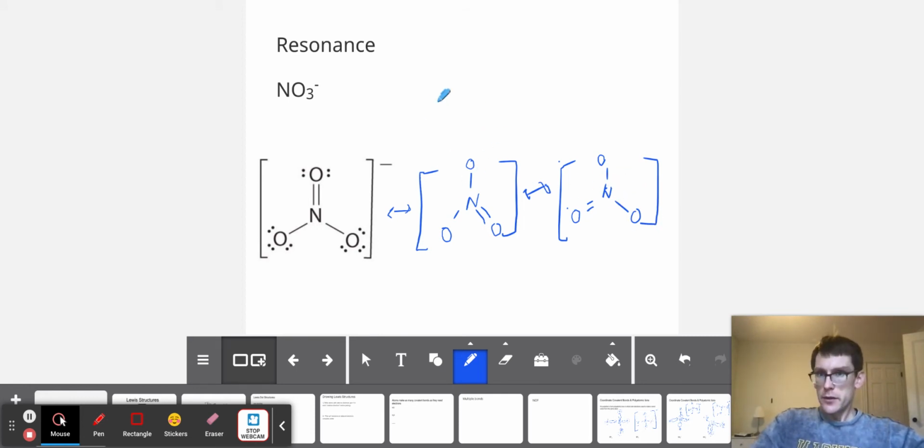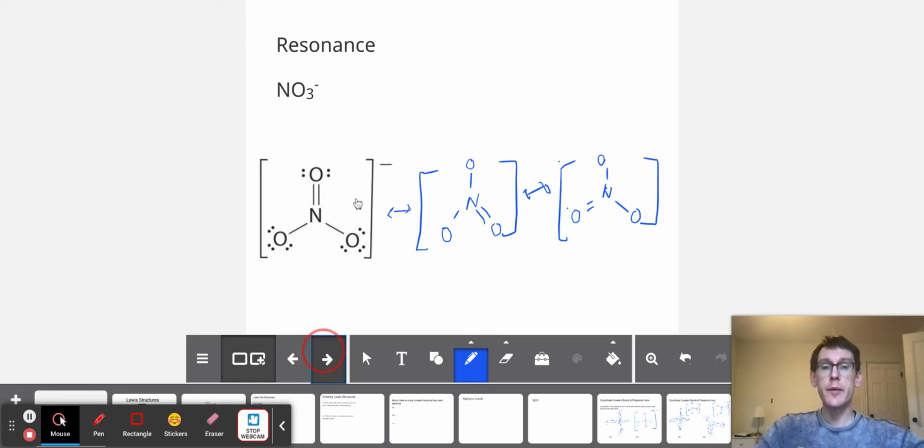So the important thing is the true structure of nitrate is the average of these three. And you could even say that each N-O bond is not a single bond, it is not a double bond, but it's actually a 4/3 bond. I know, pretty weird, but it's true.